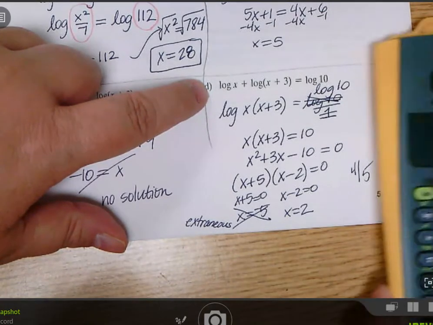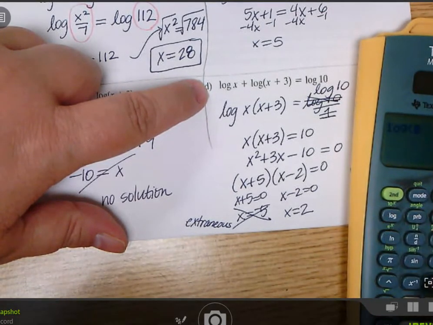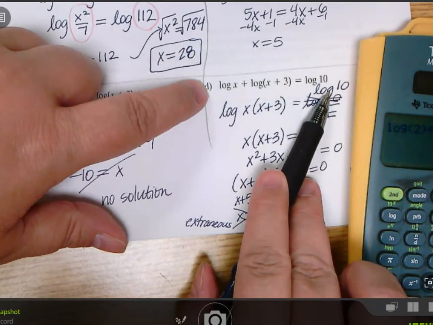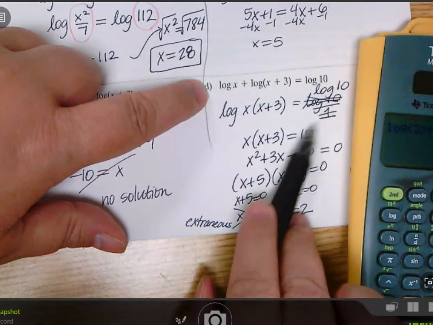And then let's try 2. Log of 2 plus log of 2 plus 3. That's 1, which is also what I said log of 10 was just a second ago. So that's right.